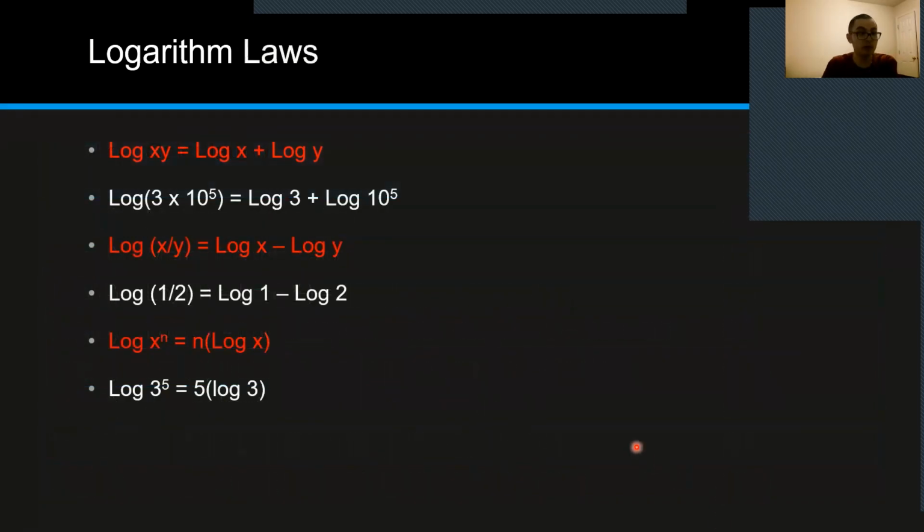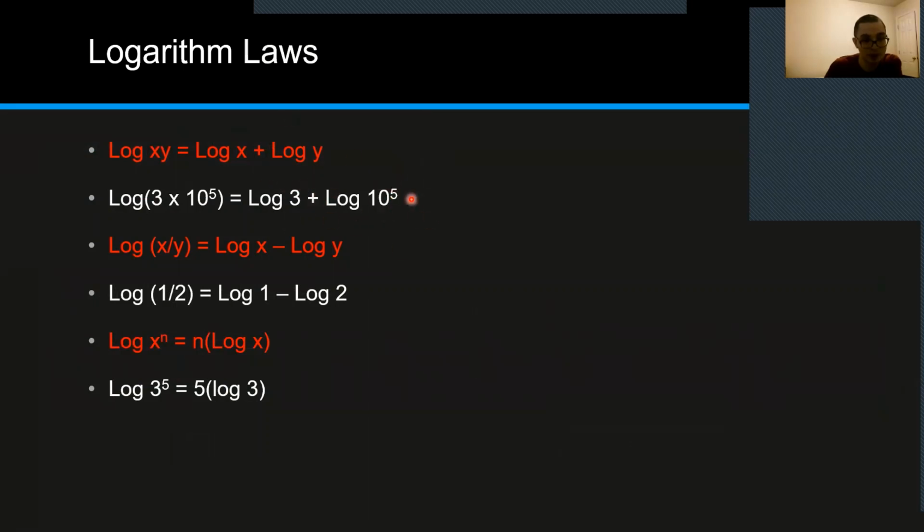All right. So we're revisiting our examples with the logarithm laws. So how can we solve our first example? We broke this down into log of 3 plus log of 10 to the fifth, right? So we learned in this third law actually that we could pull out the 5 to the front here.